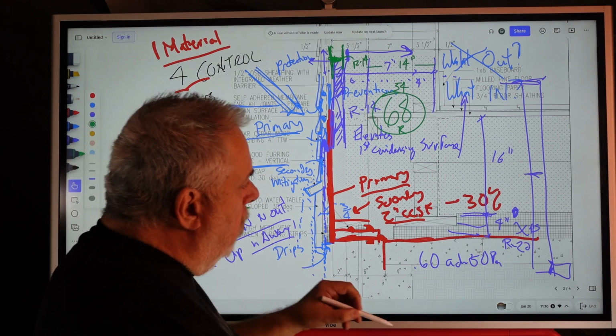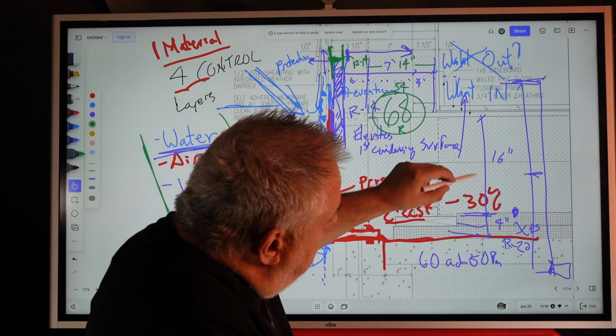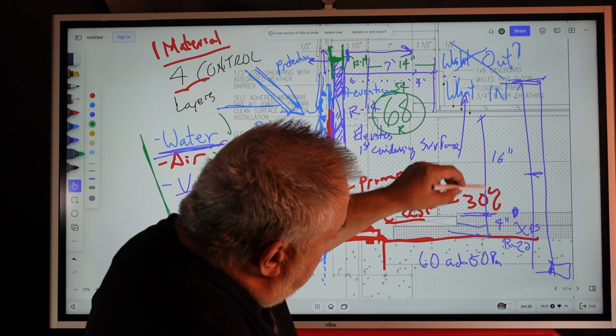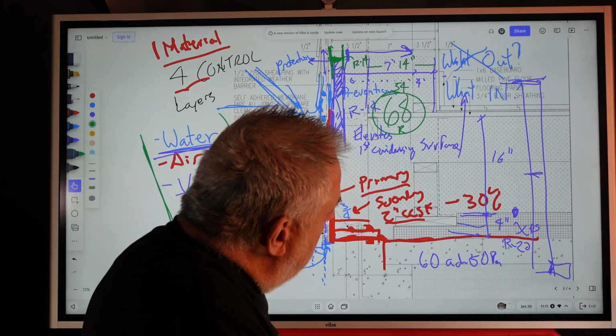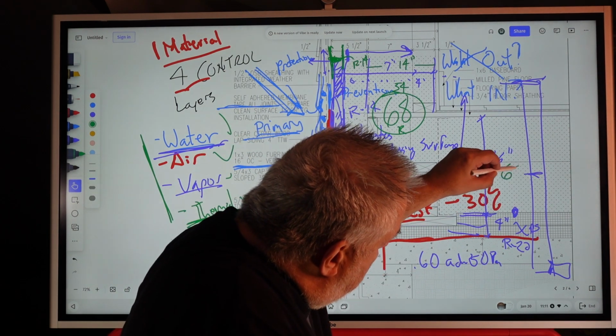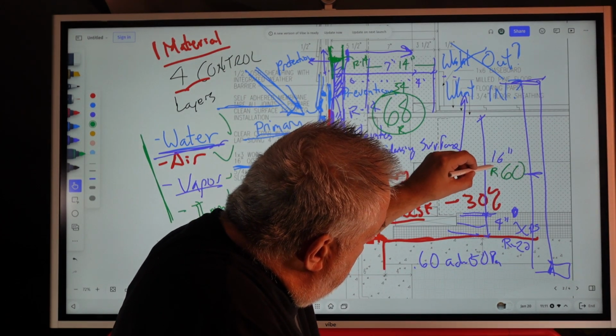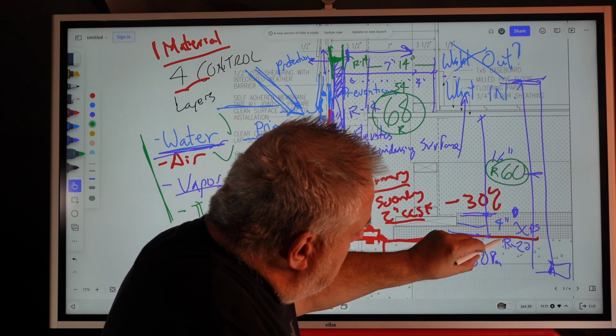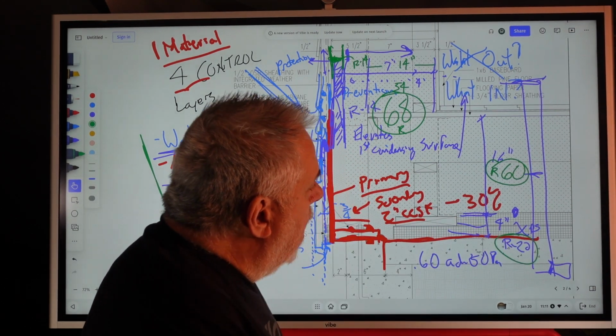And then for the floor system, we said we were at 16 inches. Again, 16, that's 40, 64. That's probably somewhere around R60 there. And then, of course, our 4 inches, we talked about it being R20.